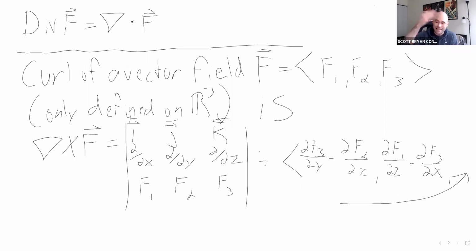Or you can think of it as negative, partial F3 with respect to x minus F1 with respect to z, but we just distributed the negative through. And then we get the partial of F2 with respect to x minus the partial of F1 with respect to y.